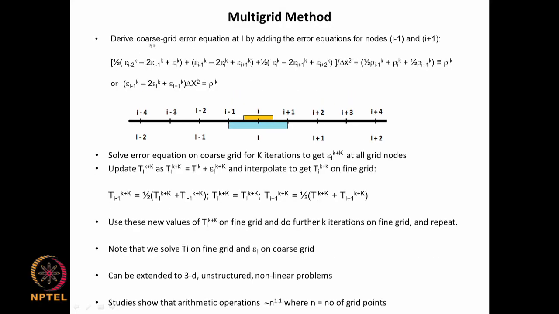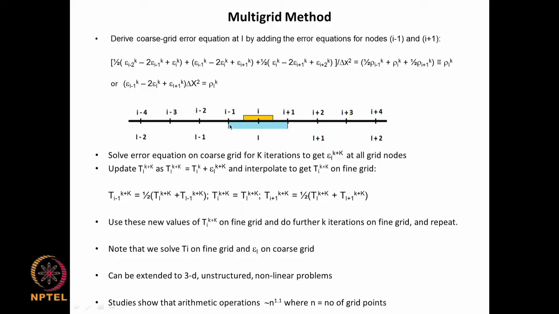So, we derive the coarse grid error equation for capital I here, which happens to be the same i here, by saying that this total is composed of the error equation at small i plus half of the error equation at i minus 1 plus half of the error equation at i plus 1.